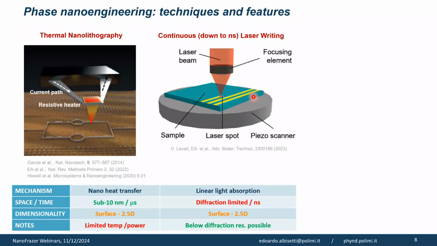Another technique that is now available is continuous wave laser writing. In the case of NanoFrazor, it is a UV laser, say 405 nanometers, and in this case the mechanism is completely different. It's linear light absorption, the most common mechanism, again not with the resist, but directly in the material.